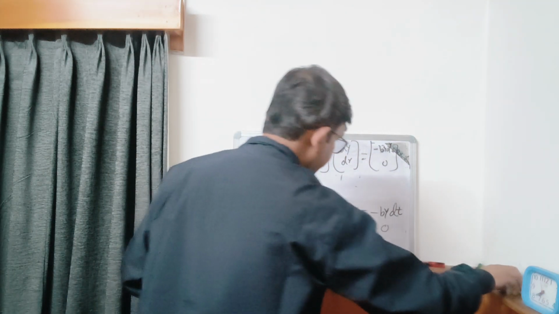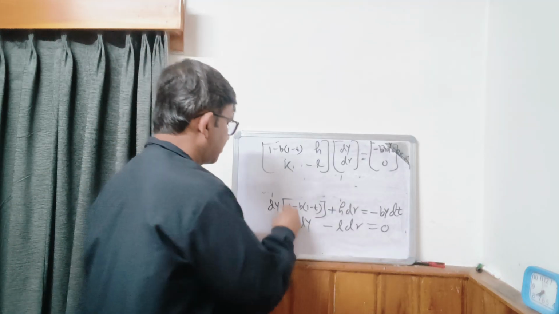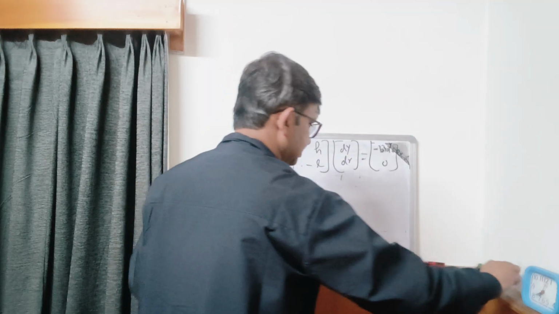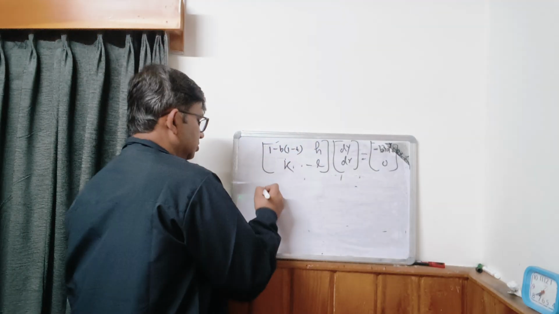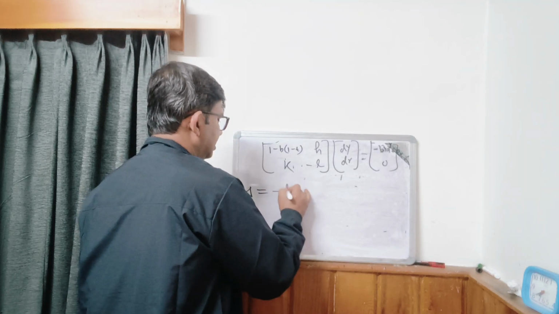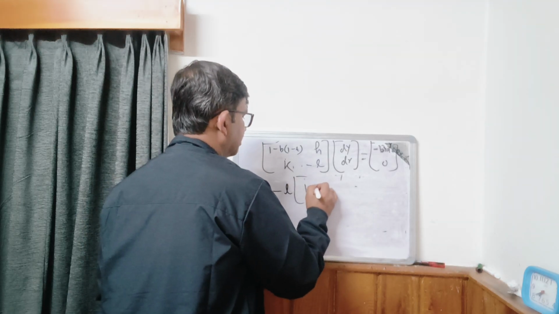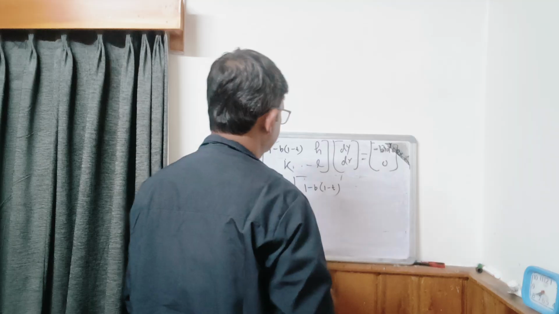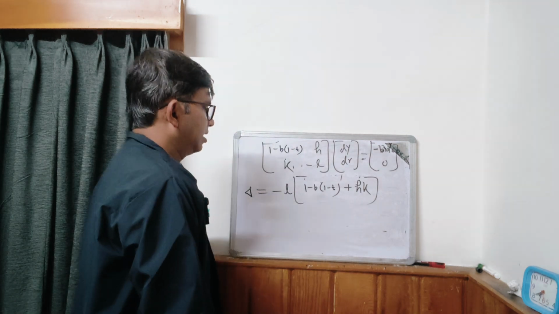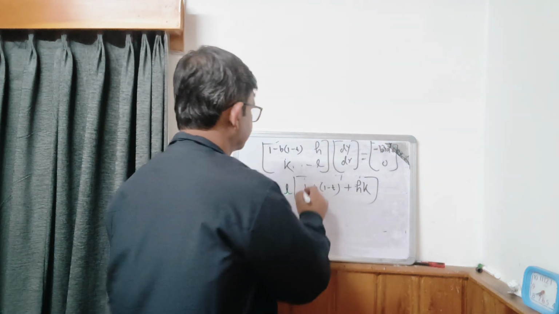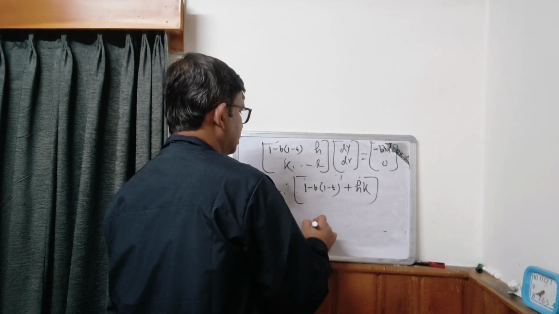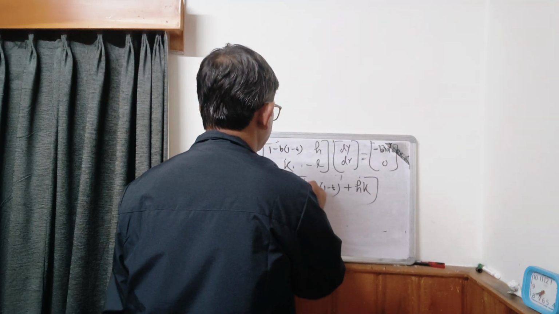So again we have to check whether we can apply Cramer's rule here or not. So what will be the value of delta? Minus L into 1 minus b into 1 minus t plus hk. Sorry, I have made a mistake here.